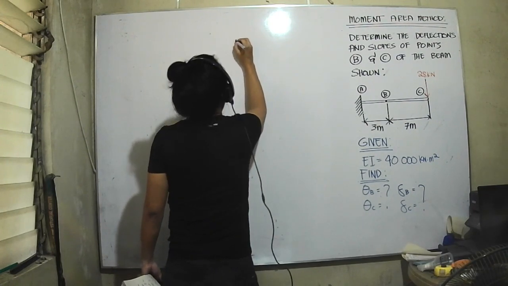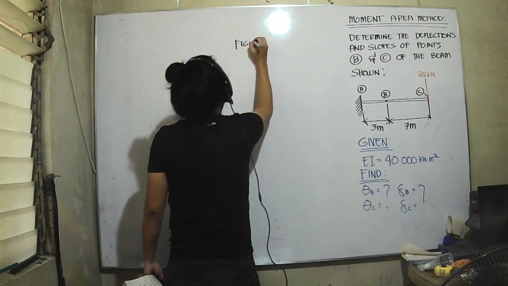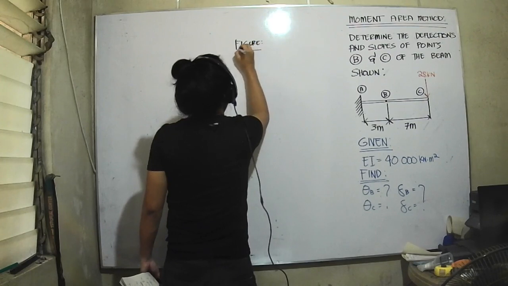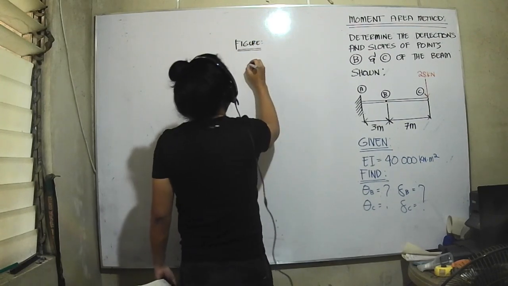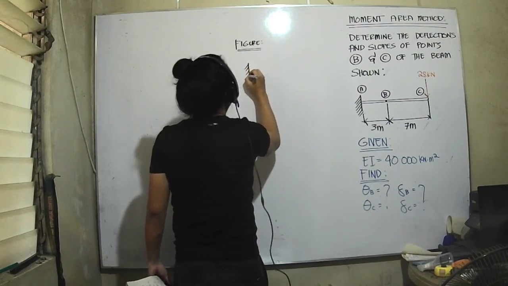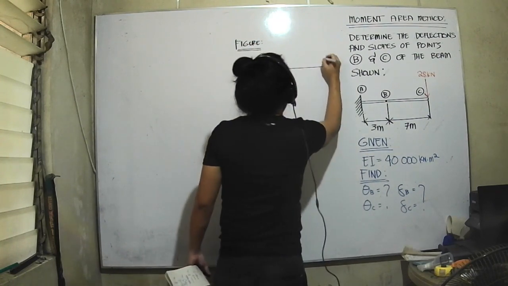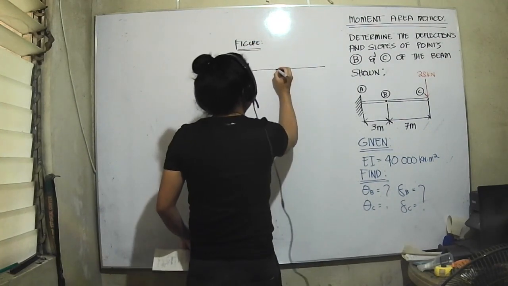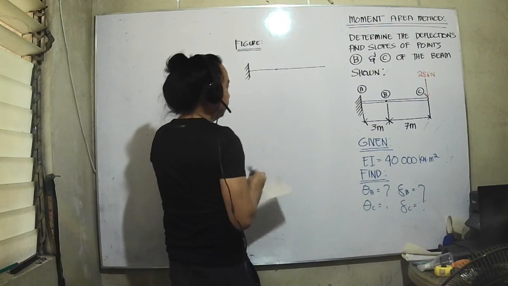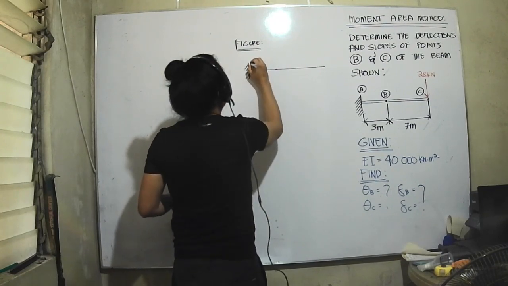So, I'm going to draw the figure, okay? Essentially we have this, and this is ABC, okay?